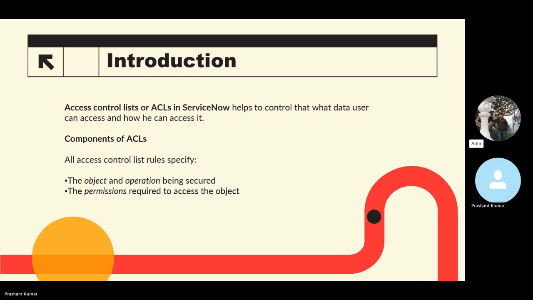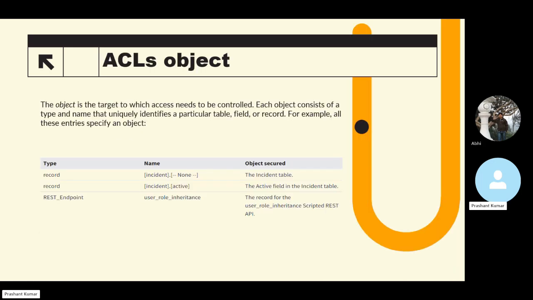Components of an ACL generally include the object and the operation which need to be secured. Object means we are selecting the table, and operation means what type of operation we are selecting, like read or write. The object is the target to which access needs to be controlled.